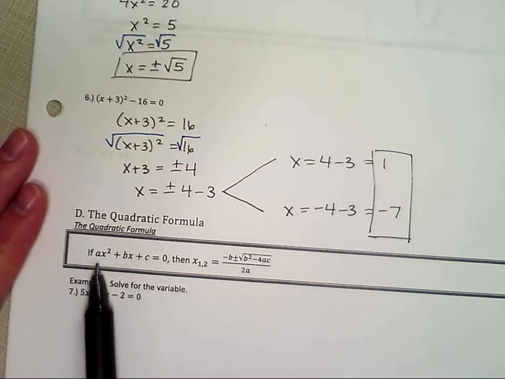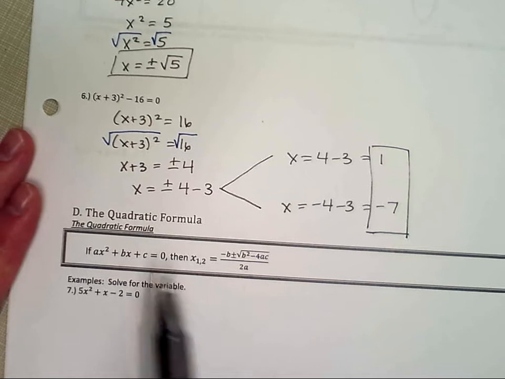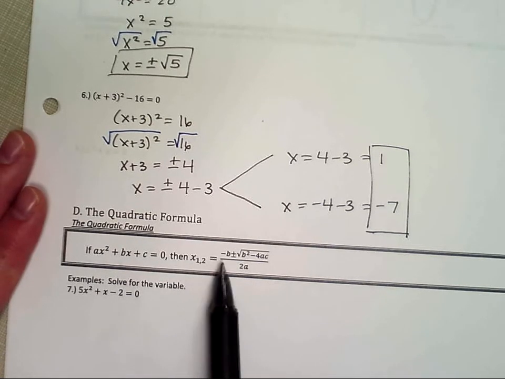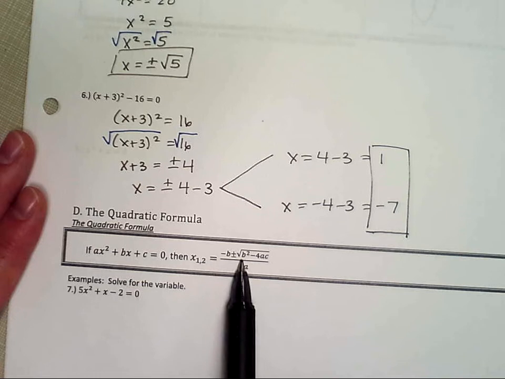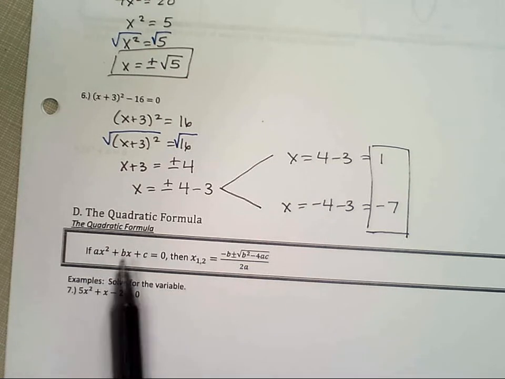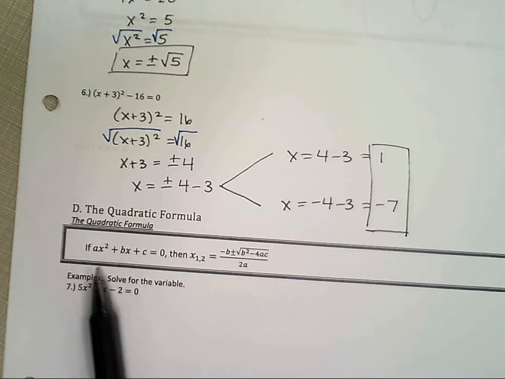So again, I have a quadratic equation, ax squared plus bx plus c equals 0. Then I have x sub 1, x sub 2 equals negative b plus or minus the square root of b squared minus 4ac all over 2a. That a, b, and c all comes from the coefficients that are in front of the variables.